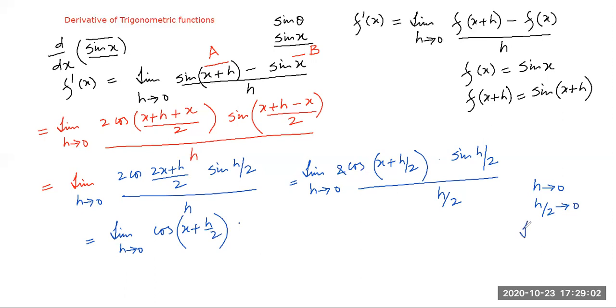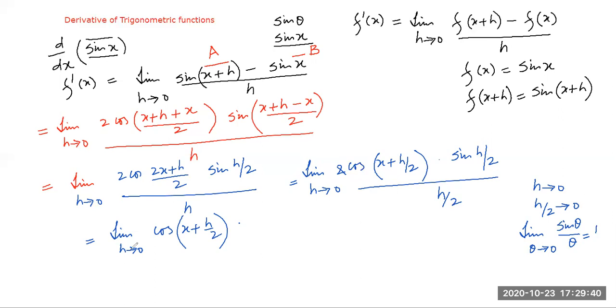And we also know that limit theta approaches 0 of sin theta by theta is equal to 1, remember. Also limit theta approaches 0 of tan theta by theta, and limit theta approaches 0 of (1 minus cos theta) by theta is equal to 0. Remember?